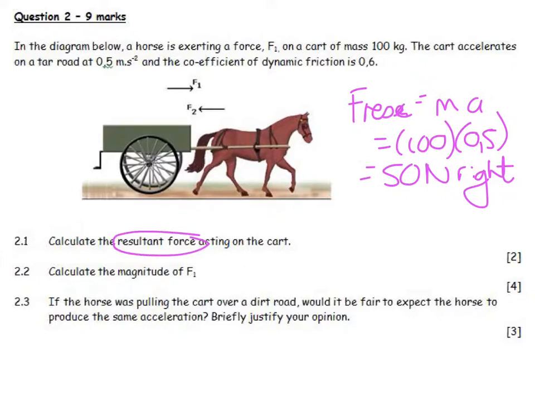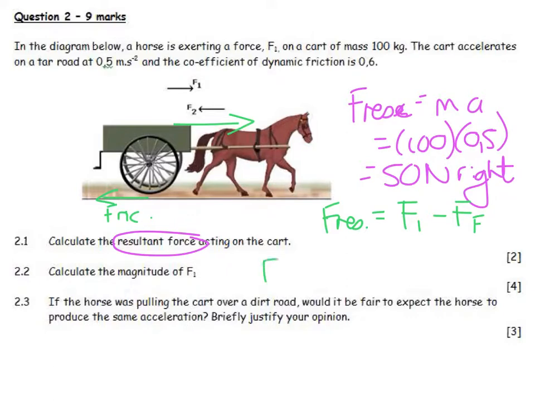The next thing is calculate the magnitude of F1. In other words, what is the force that the horse is exerting on the cart? So there's the force that the horse is exerting onto the cart, and then of course there is some frictional force over here. So force resultant is equal to the big force, the horse, minus the small force, the friction.